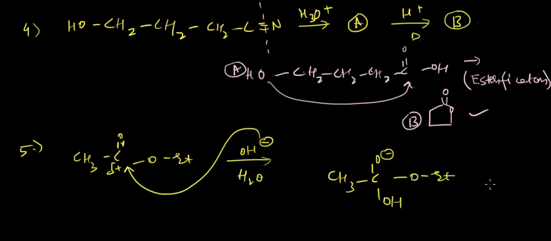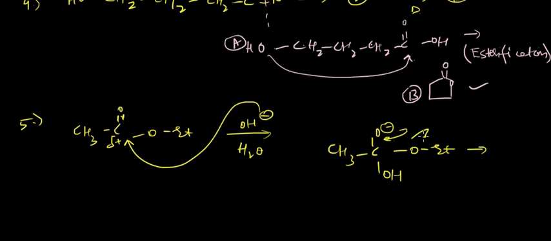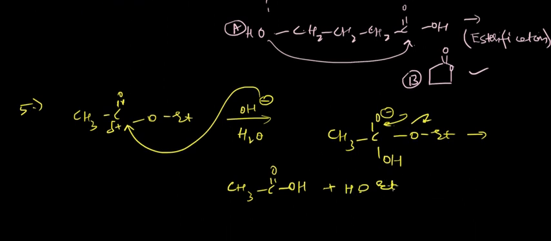Next, what will we be getting? Again, it will be forming the double bond. As a result, OEt minus would be leaving, and we'll be getting something like this compound.